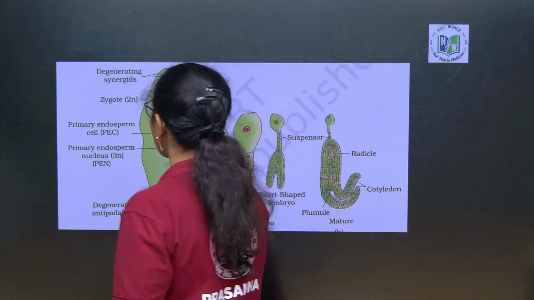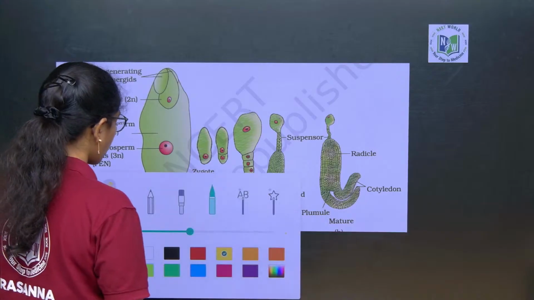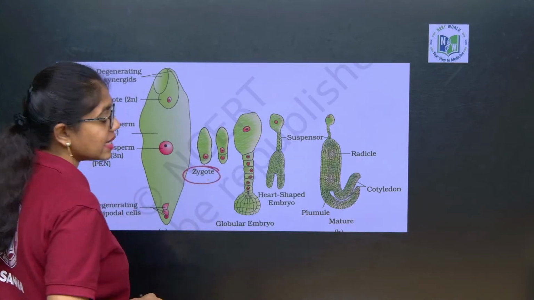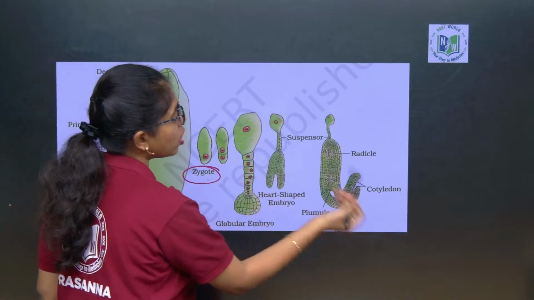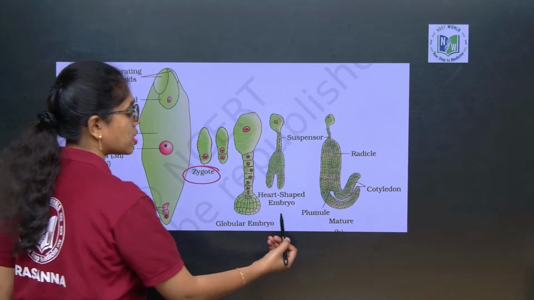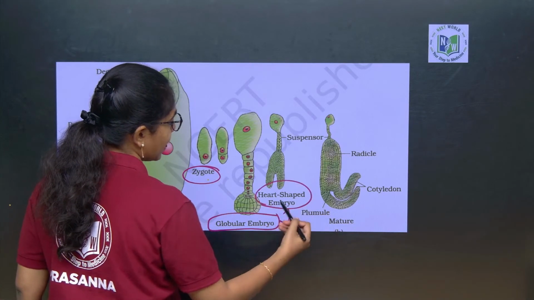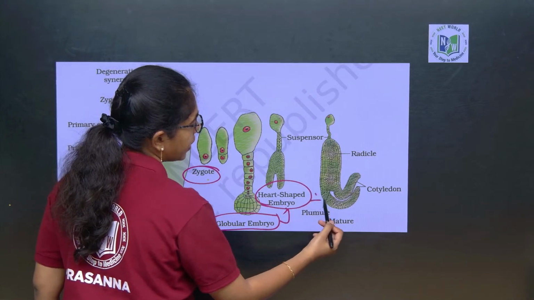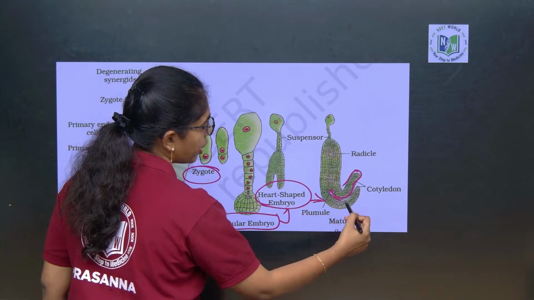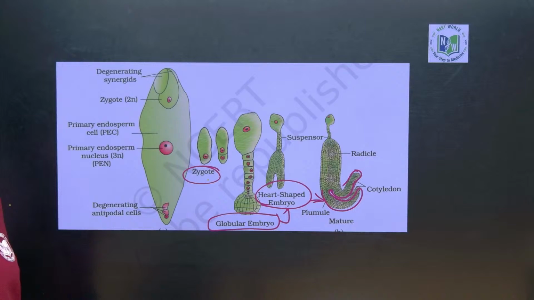So once the fertilization is done, the first product of fertilization is the zygote. By continuous or sequential mitotic divisions, the embryo is formed, and the successive embryo stages are: first the globular embryo, next the heart shaped embryo, and then you can see 2 cotyledons, which are called embryonic leaves.